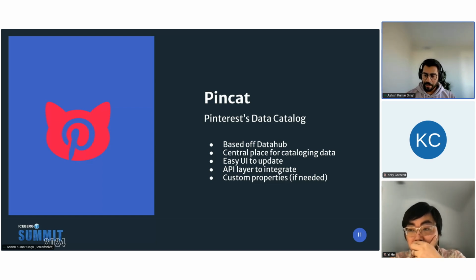We have a lot of different systems that allow end users to interact with tables, like querying the tables, adding descriptions and all that. So we provide an API layer for all of these systems to connect to the central data catalog. And on top of that, we allow various teams to add additional metadata on these data sets.